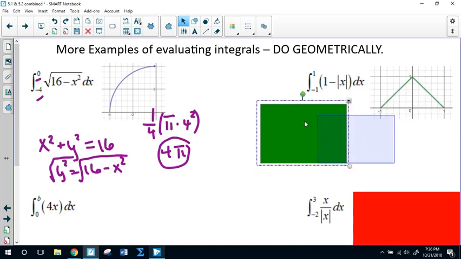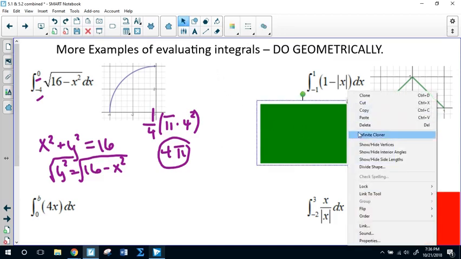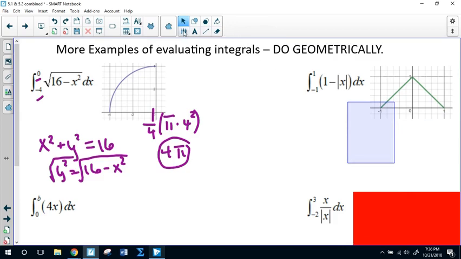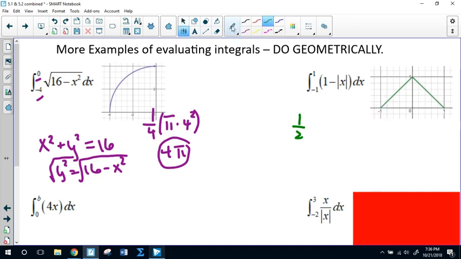We're finding the area of that triangle by using the formula 1/2 base times height. So 1/2 times my base is 2. My height is 1, so the area is 1.